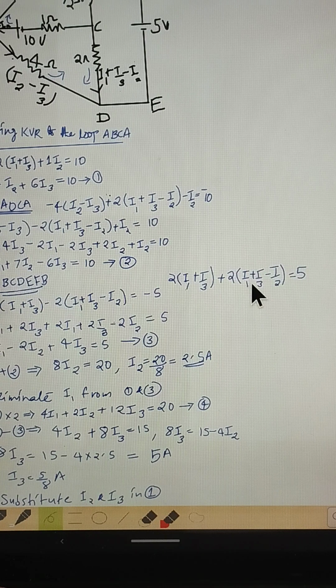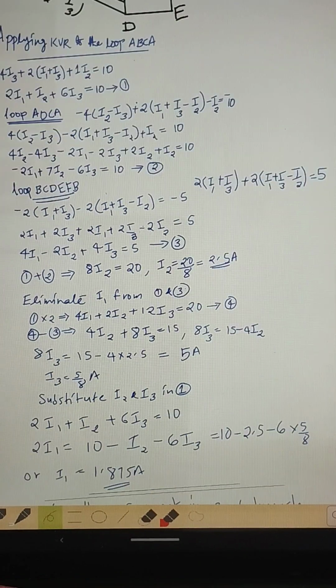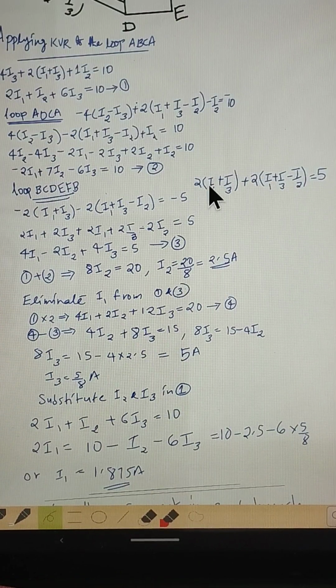Simplifying, this equation becomes 2I1 plus 2I3 plus 2I1 plus 2I3 minus 2I2 is equal to 5. Then 2I1 plus 2I1, 4I1, like that it can be simplified. So we got equation 3. We got 3 equations.